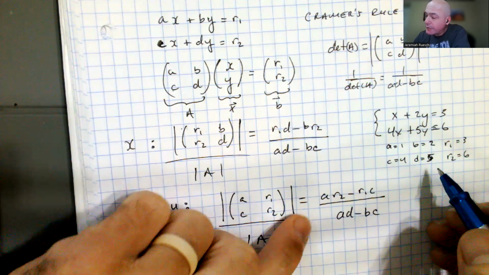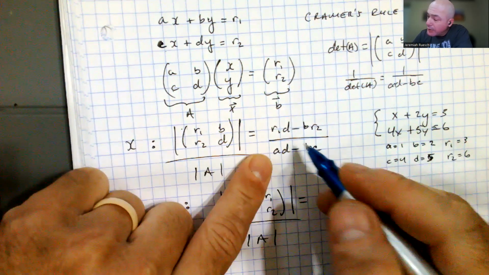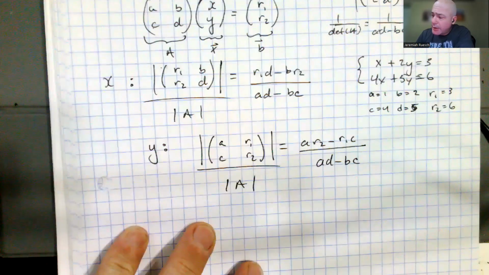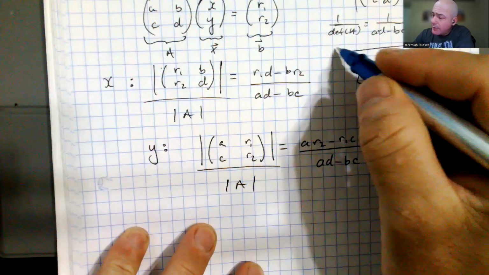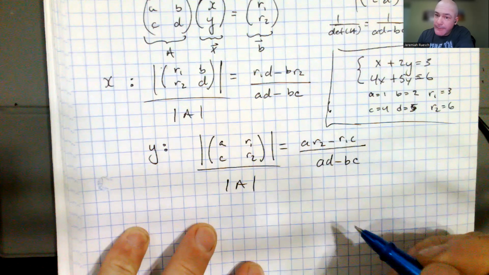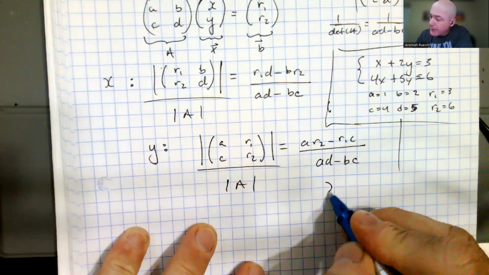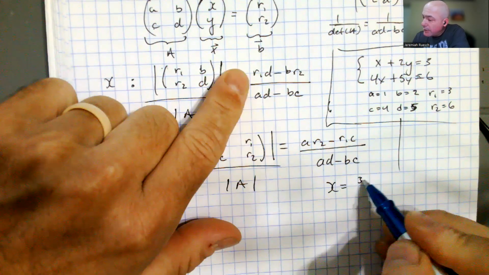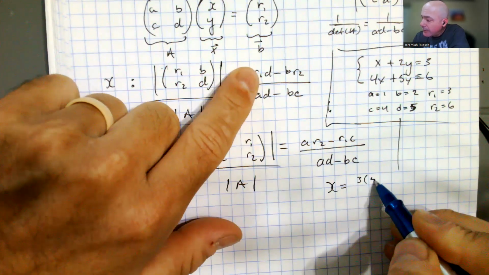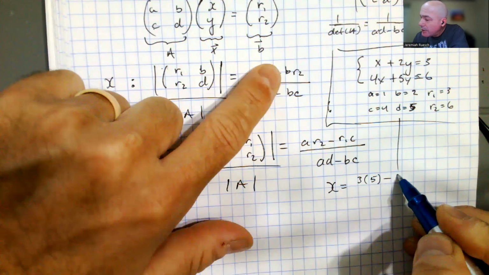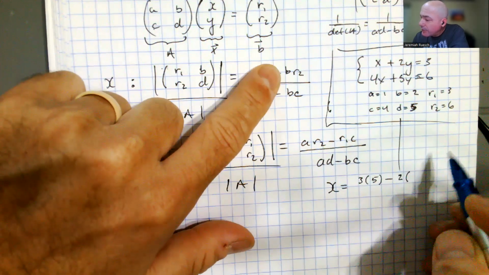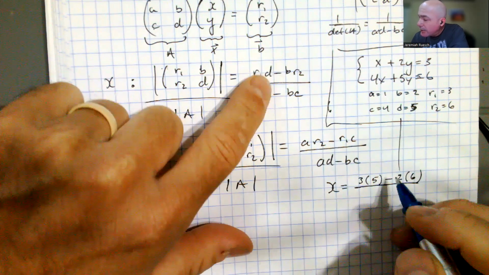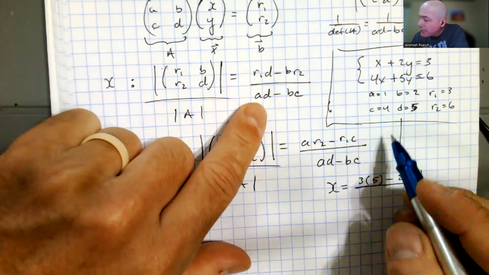Okay. So if we plug these values into each of our formulas for this specific example, what we find is X is equal to R1, which was 3, times D, which was 5, minus B, which was 2, times R2, which was 6, divided by the determinant, AD minus BC.